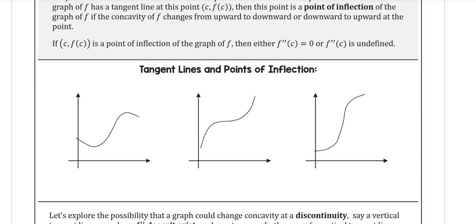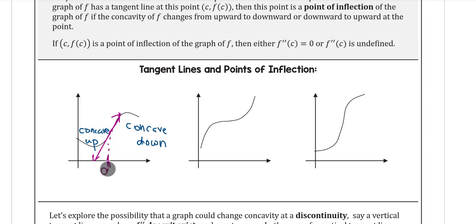In our first case, we have a function that starts out concave up and then switches to concave down. We have a tangent line at this point.